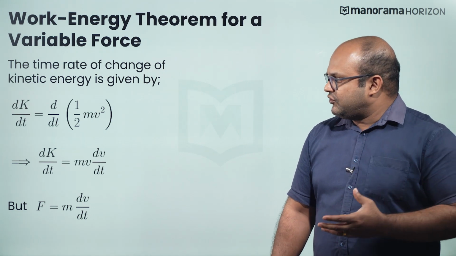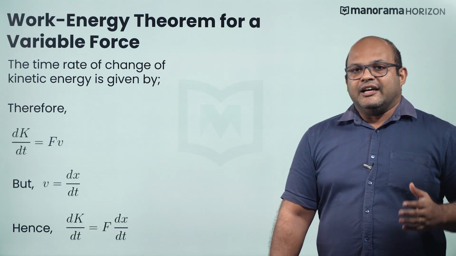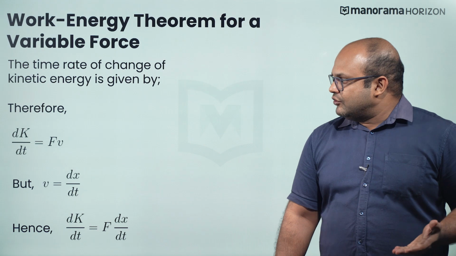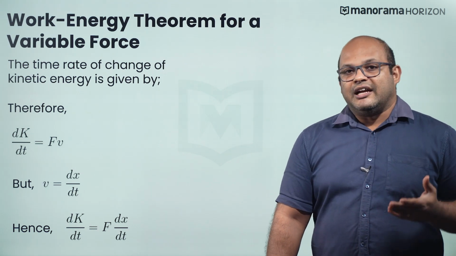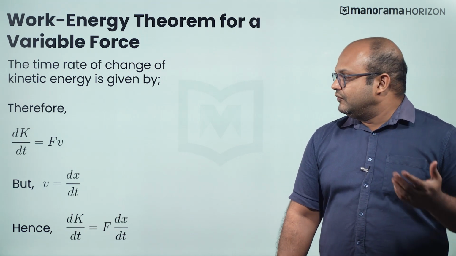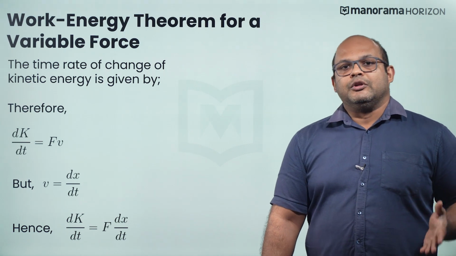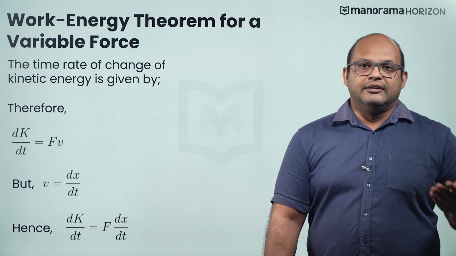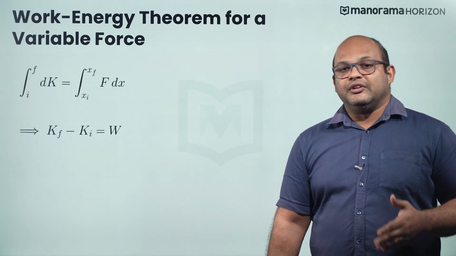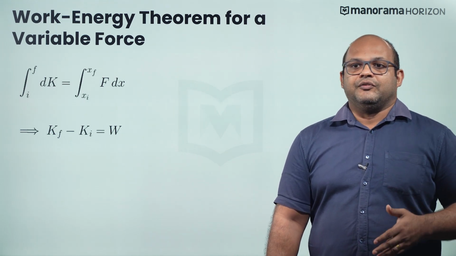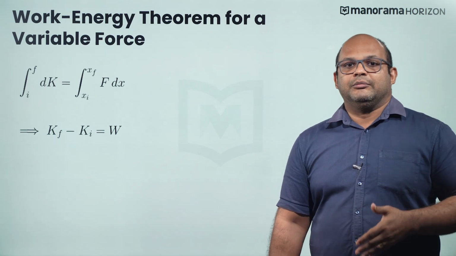So we can substitute this value in the earlier relationship to come to the conclusion that dK by dt, that is the time rate of change of kinetic energy, is equal to F multiplied by v. Now, since v is velocity, that is the rate of change of displacement with time, v is equal to dx by dt. Hence, dK by dt is equal to F times dx by dt. Therefore, we can prove that Kf minus Ki is equal to W. That is, the work energy theorem holds true for both constant and variable forces.